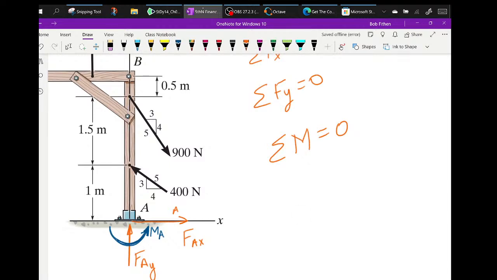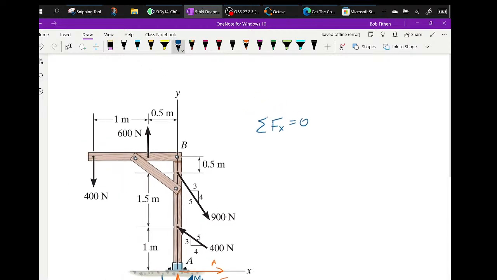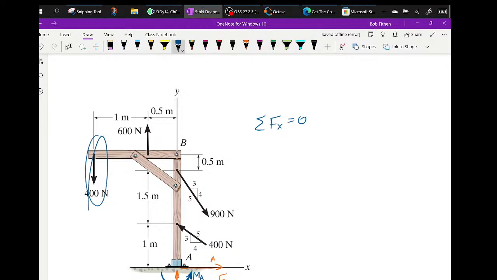So let's start with the x. Sum of the forces in the x equals 0. So I'll just go along there. There's no force in the x there. There's no force in the x there. There is a component this way, and it's 3/5 of 900, going to the right. Now, look at his x and look at his y.